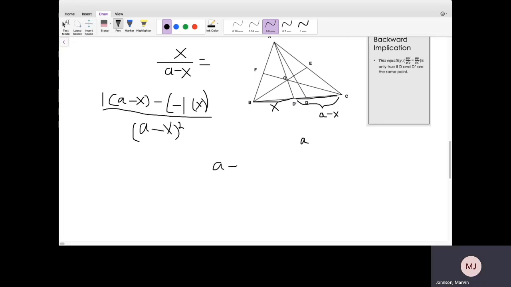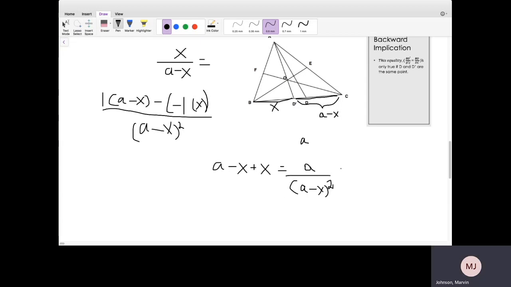We're going to have A minus X, minus a negative X. Here's negative X, so minus negative X is going to be positive X, so plus X, which is just going to be equal to A in the numerator. The denominator stays the same. It's pretty much as simplified as we can get: A minus X squared.